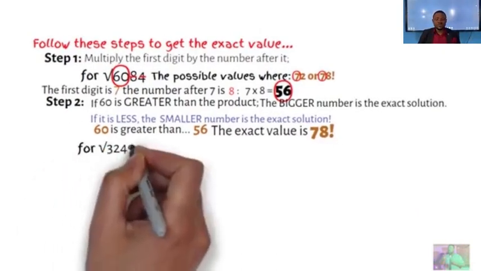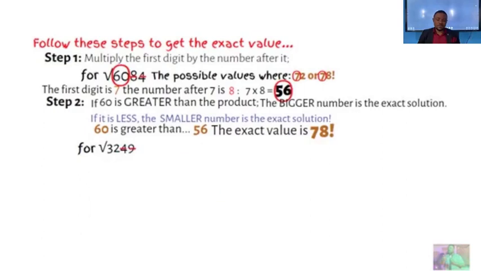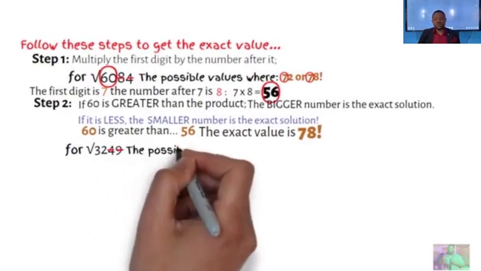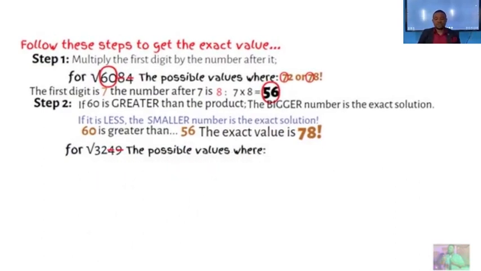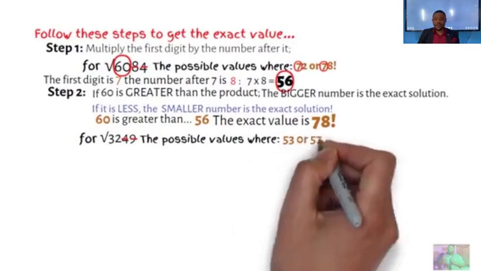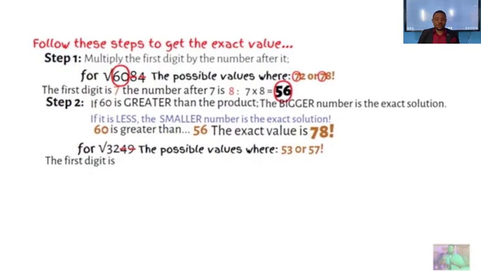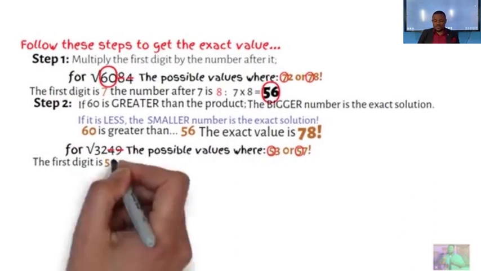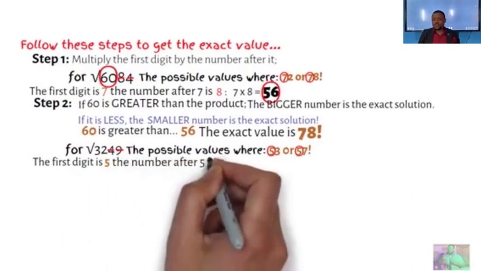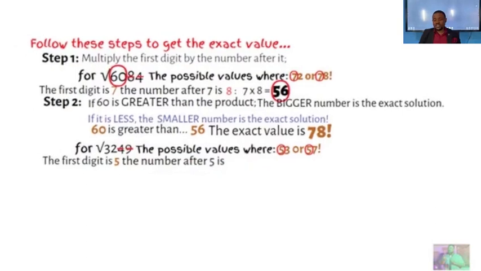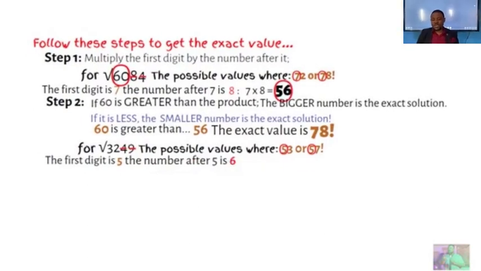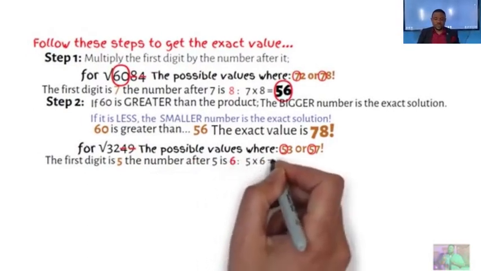Right? Look at this other example. We had 3,249. The possible values we had were 53 or 57. So the first digit is 5. Remember that. So I'm multiplying 5 by 6 to get 30. And always remember that what you're going to be doing is to relate it to the values after the first two. That's why we always strike the first two digits to the right out.